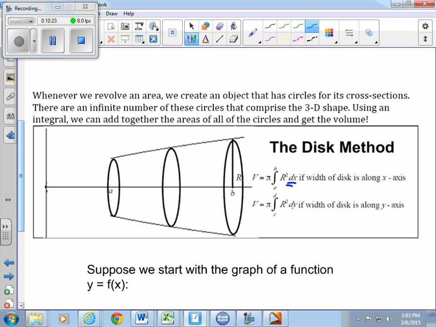So in some ways, today is easier than yesterday because it's pi r squared. We're revolving, so you're always going to get a circle in the cross section. We're going to add up all those tiny circle areas and get a volume.